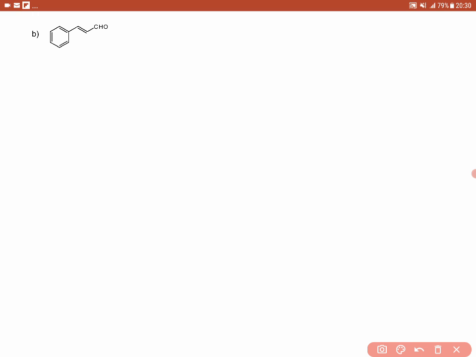So starting with the first molecule here, which has a formula of CH3, CH, double bond, CH, and carbonyl, carbon and hydrogen, the aldehyde functional group.